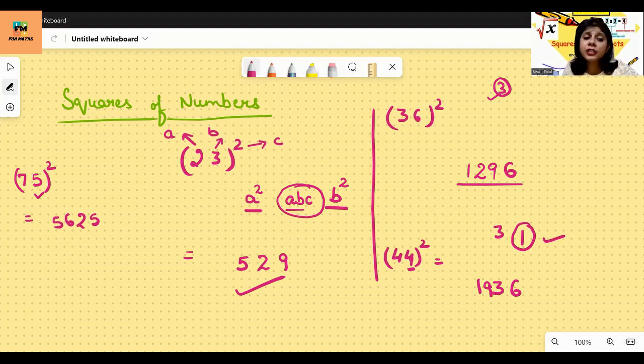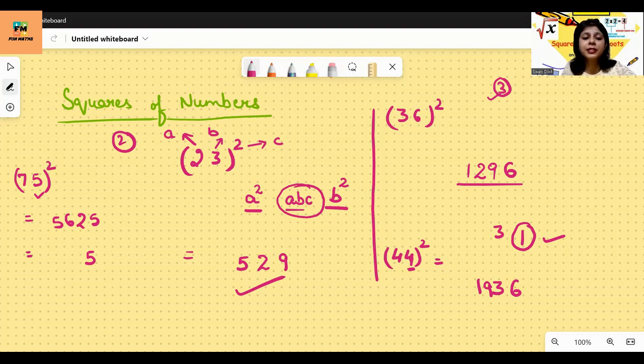And yes, you can cross check with this trick of ABC, which I told you right now. So let's check with that. Now let me write the square of the digit which is at the ones place, that is 5. So that would be 25. I will be writing 5 and 2 will be carry forwarded. Now let's multiply. So 7 5s are 35. 35 into 2 would be 70.